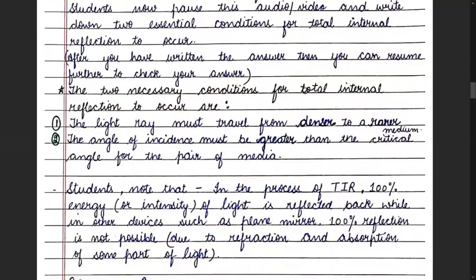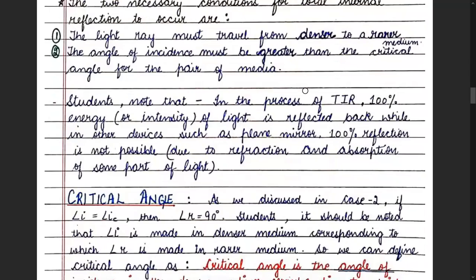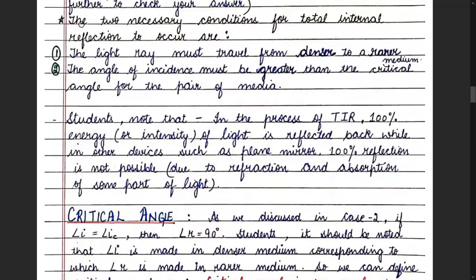So students, the two necessary conditions for total internal reflection to occur are, firstly, the light ray must travel from denser to rarer medium. Students, the light, as done in our example, was traveling from glass to air.